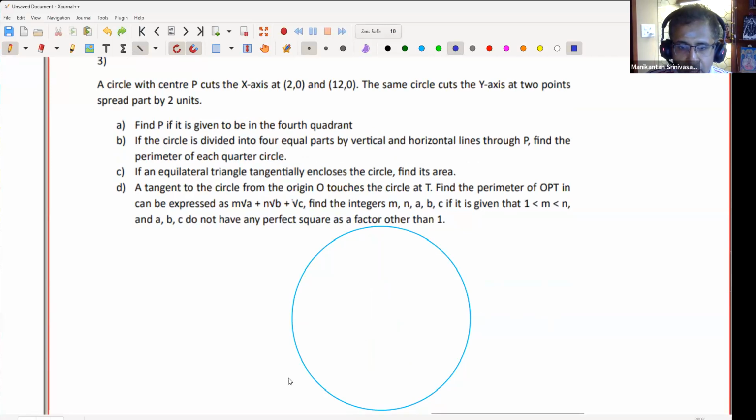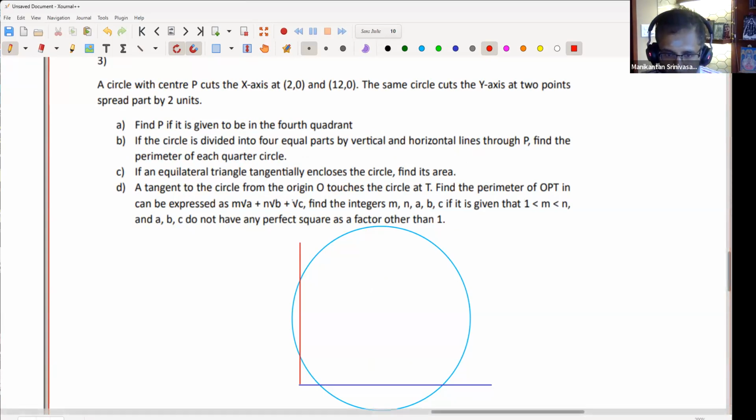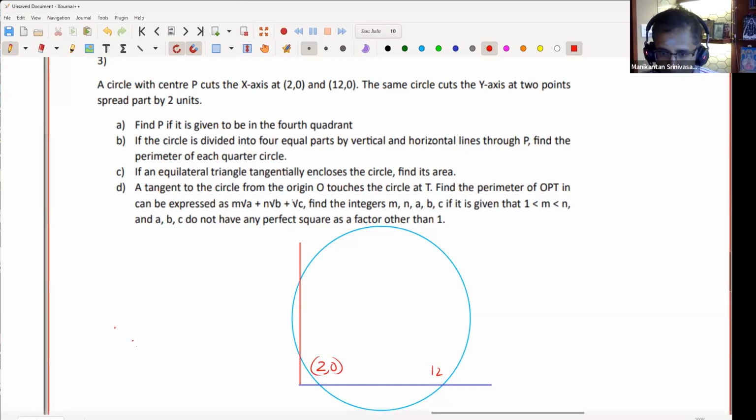So the x-axis is more like this, and the y-axis is something like this, let's say. Okay, so we have drawn a diagram. Now this is 2, 0, and this is 12, 0.